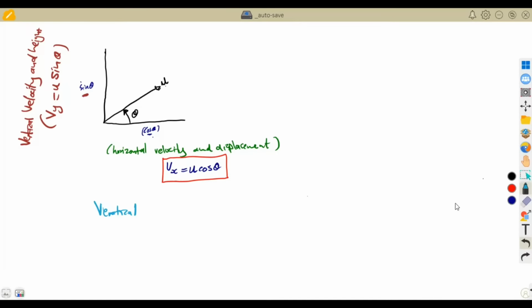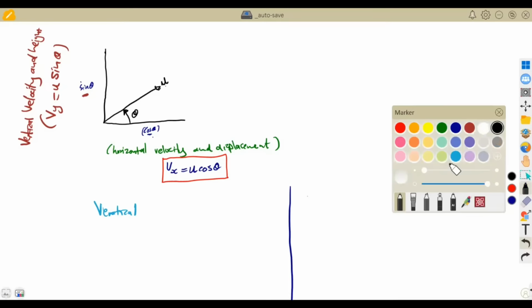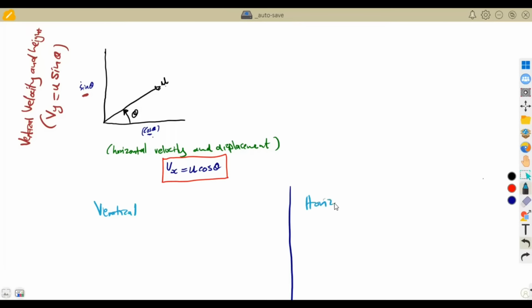The horizontal is sometimes referred to as the range. Whenever they talk about the range, you are simply talking of the horizontal.